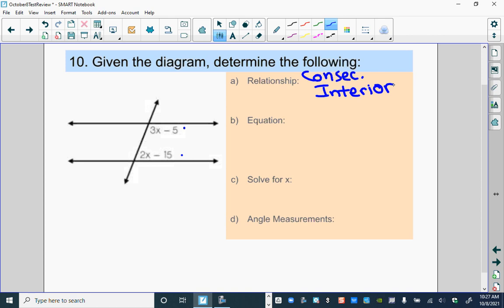Now I have an equation. So what's going to happen, I should say? It's consecutive interior angles. What did they just add up to? They add up to 180. Very good. That's the most important part. Add up to 180. That's the most important part of this whole problem.